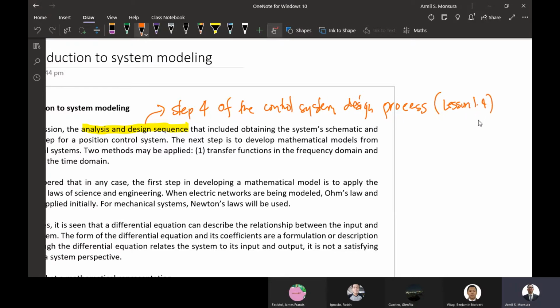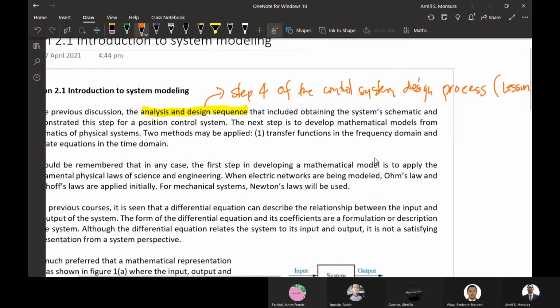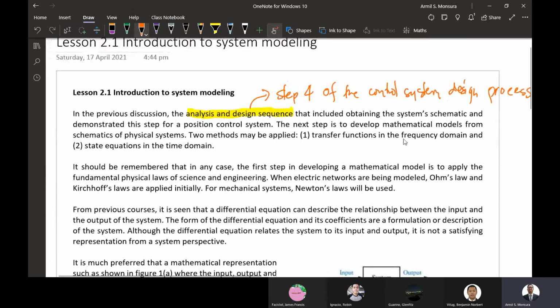Okay, so doon nga sa step 4, okay, is to develop mathematical models, okay, from the schematics of physical systems.